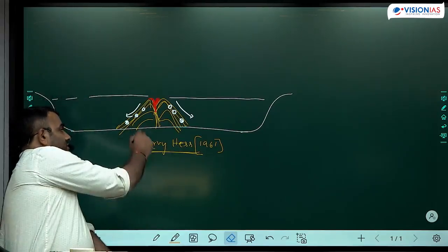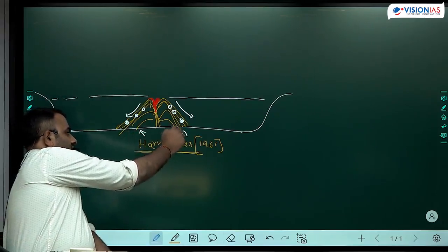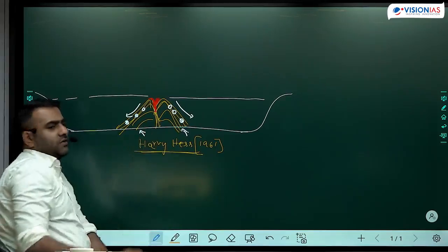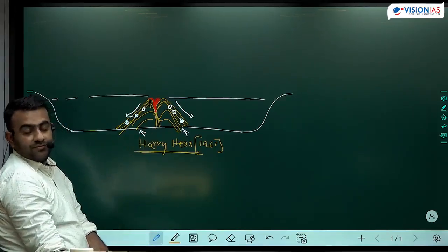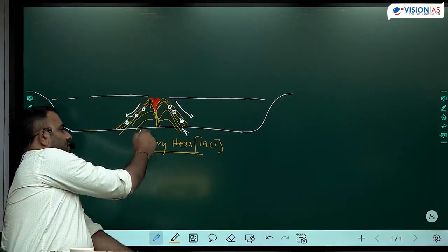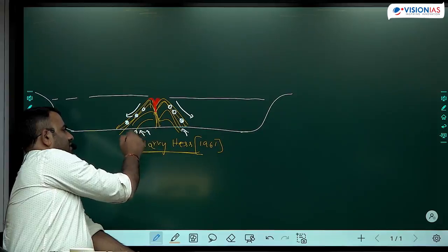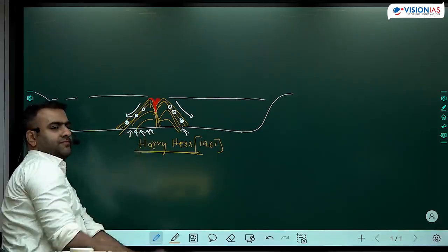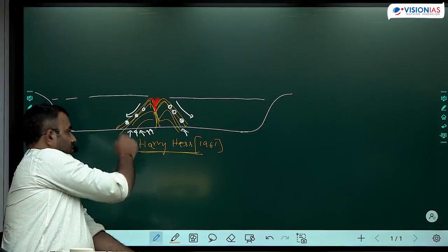So if you observe the orientation of magnetic field, there is exact symmetry in the rocks which are located at equidistance, having the same magnetic property. Okay, and this magnetic field slowly, continuously changes. Even in that, there is one more observation.